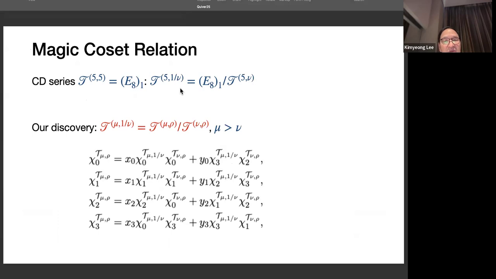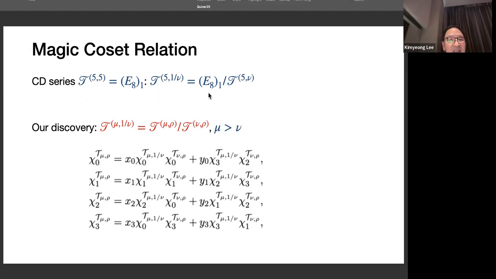And then we find there, this is the MMS discovery, that if we have a level 1 theory, and I divide by the theory related to level 5 and nu, then we get a theory of level 5 and 1 over nu. So for example, if I have E8, say D4 level 1 theory, then this is D4 level 1 theory. And if it's G2 level 1, this is F4 level 1, and so on.